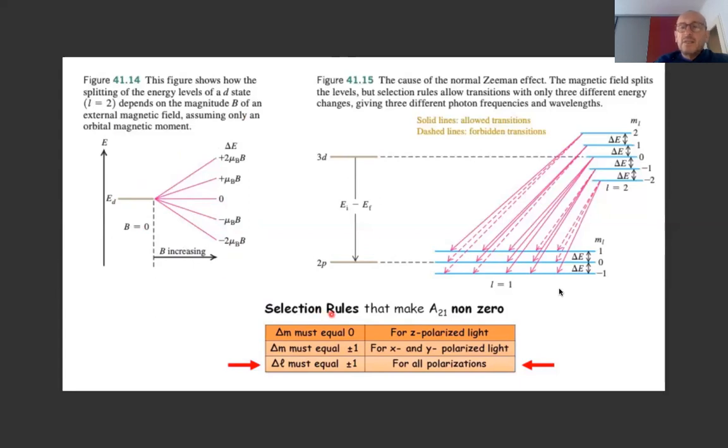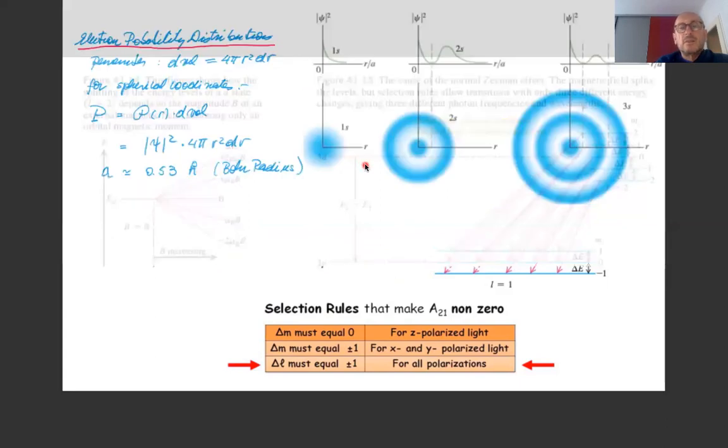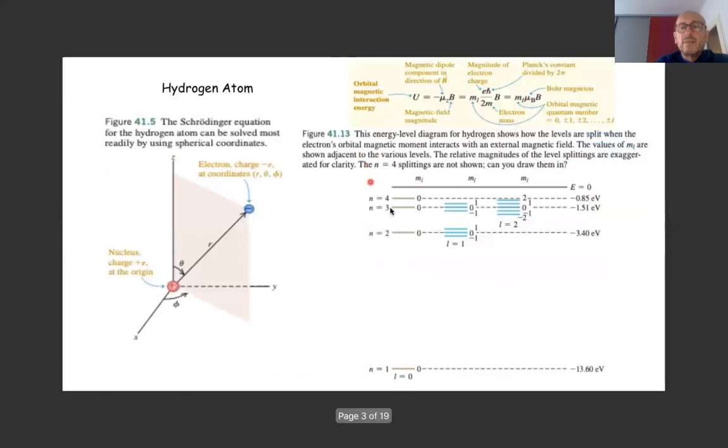This I have not discussed in detail, but here I'm going to sketch a bit of what I'm doing. Here I have a D level, the 3D level, which is the one that has angular momentum equal to 2, and I am considering an electronic transition from this state to this state, okay?